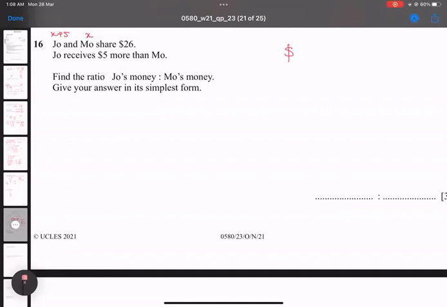So because the total dollars we have is $26, if I add both shares, then $26 equals Joe's amount plus Mo's amount. Joe's amount is X plus 5 and Mo's amount is X, equal to 26.